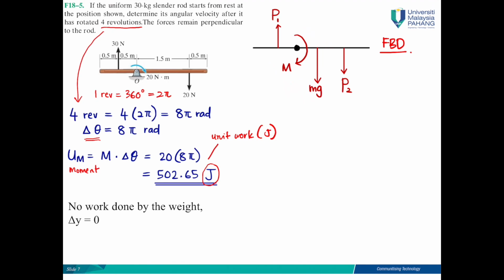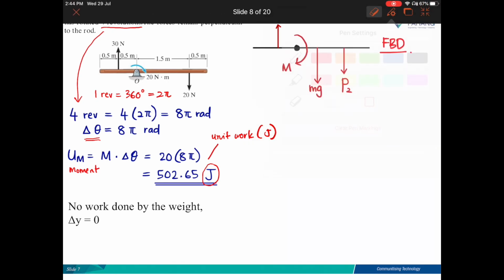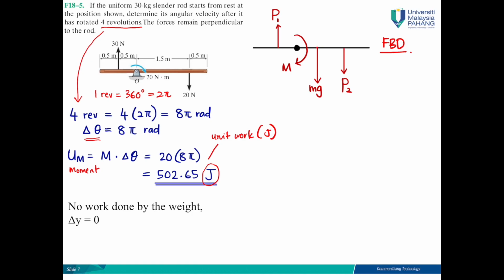Basically for mg, we are looking at this point, the center of gravity G. After it has rotated 4 revolutions, it still comes to the same point, and therefore delta y is equal to 0. Because delta y equals 0, the work done by the weight is also equal to 0. So no work is done by the weight.